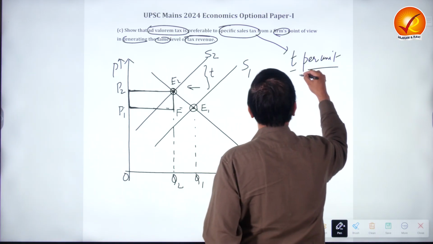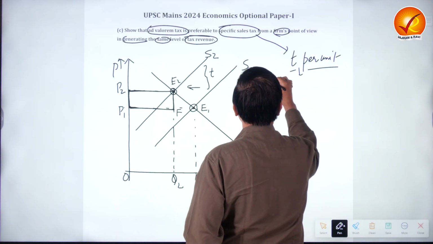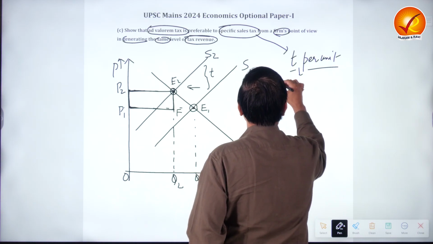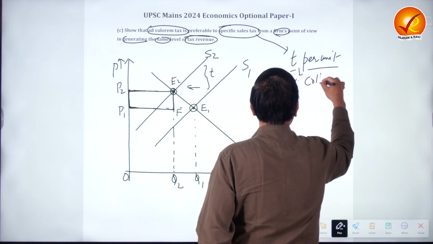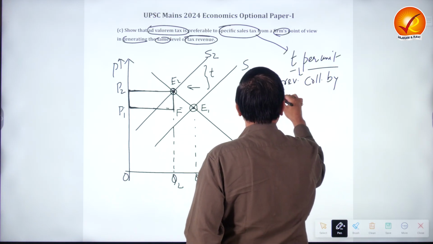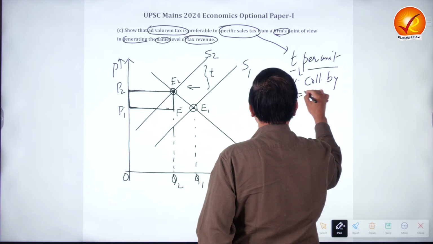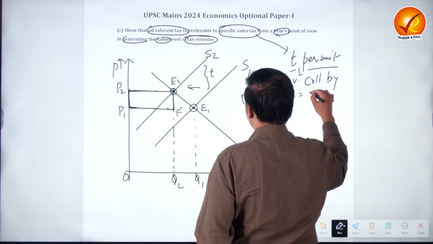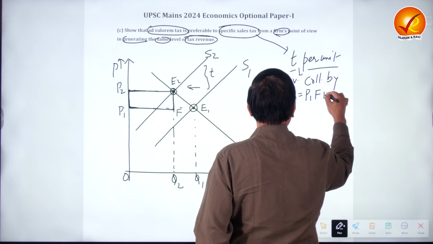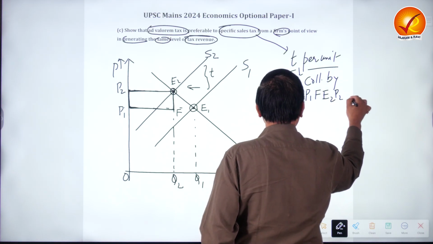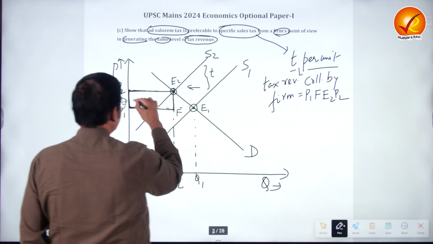So in this case, with T per unit of sales tax, the tax revenue collected by the firm will be equal to P1 F E2 P2. Okay, basically this area.